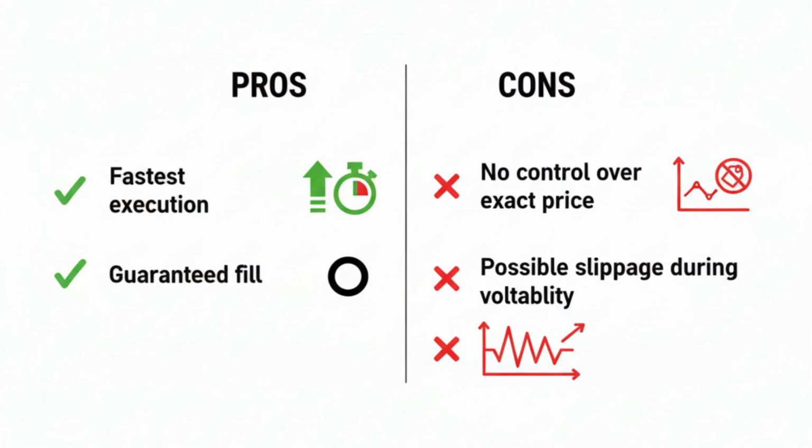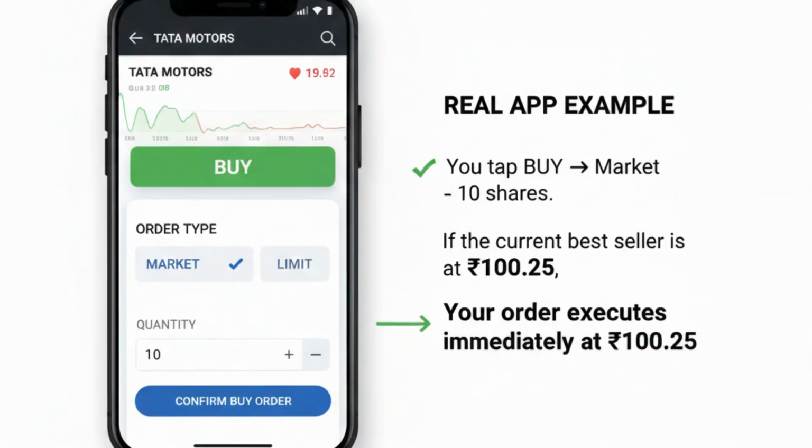Cons: no control over exact price, possible slippage during volatility. Real app example: you tap buy, market, 10 shares. If the current best seller is at 100 rupees and 25 paise, your order executes immediately at that price.